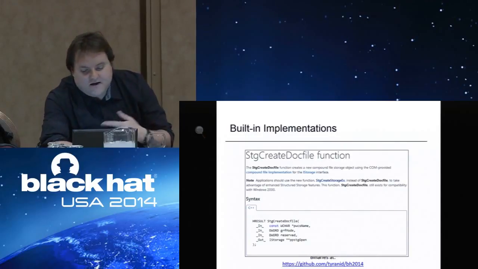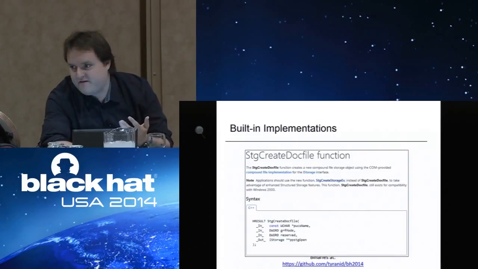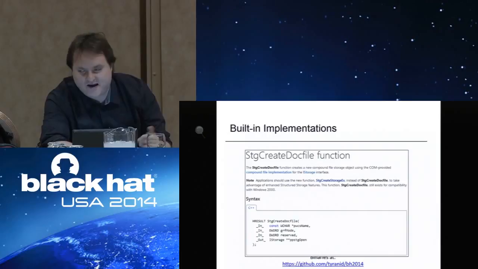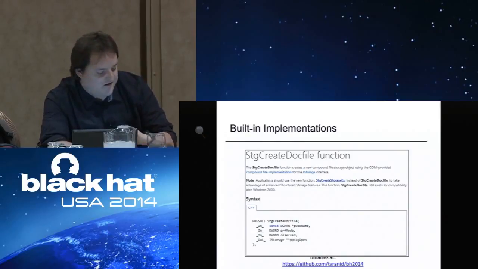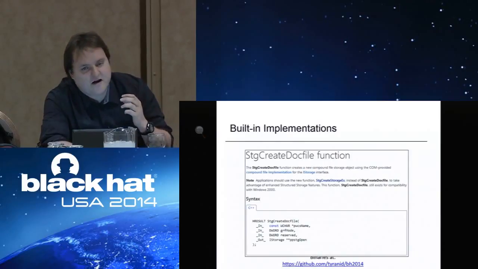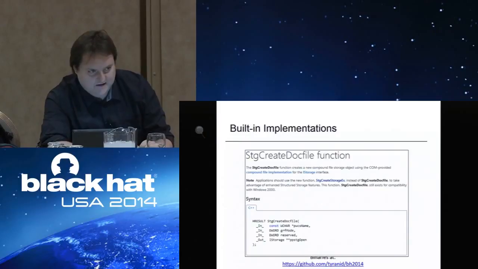And it turns out, obviously, one of the enemies of security is overcomplication. These interfaces, things like the storage APIs, the structured storage, were not necessarily designed for secure access from multiple privilege levels.